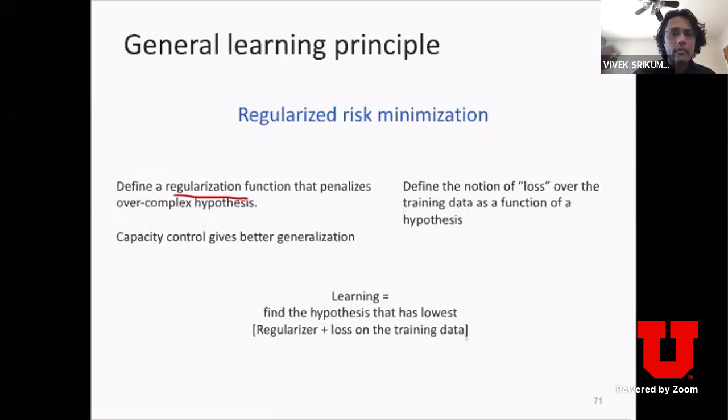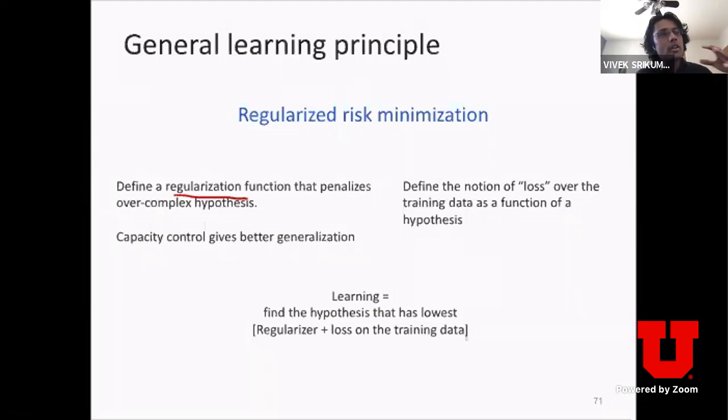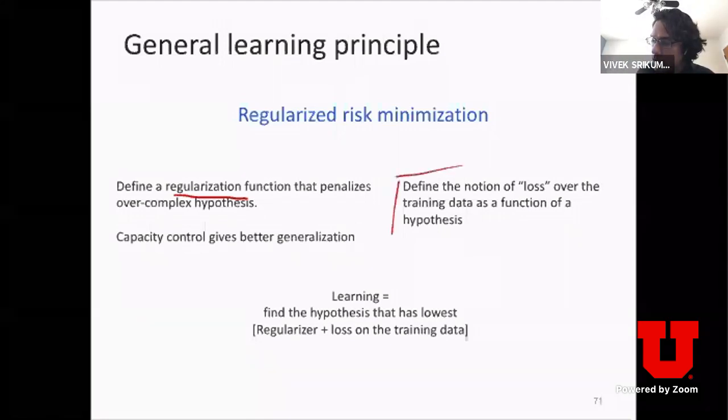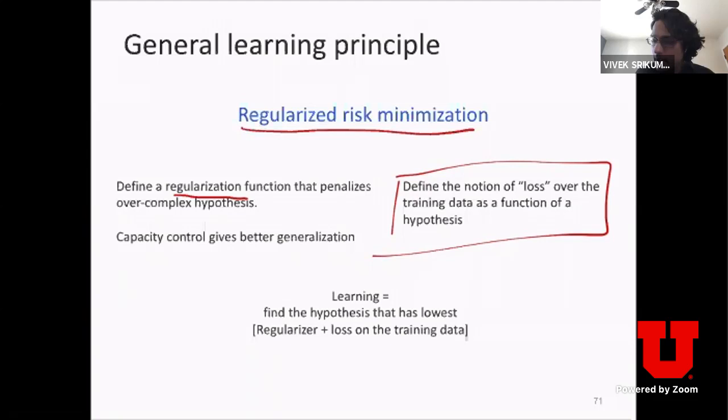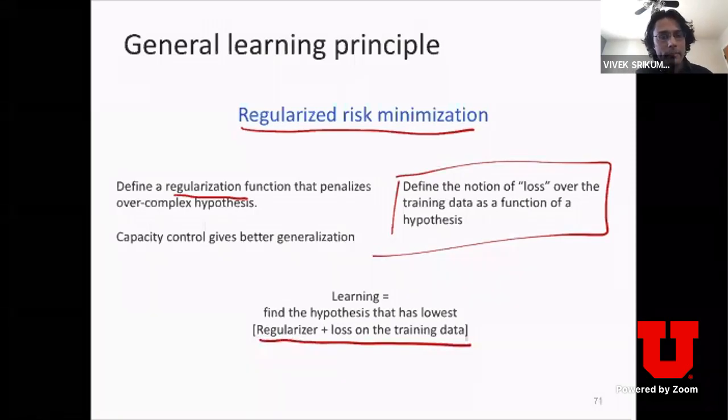So we don't want hypothesis spaces that are too complex, that are too expressive. So we want to limit the expressive capacity. So regularization is a term that penalizes complexity. And then we also have the notion of loss over the training data. So this gives us this notion of regularized risk minimization. We want to find a classifier that has the lowest sum of the regularizer and the training loss.